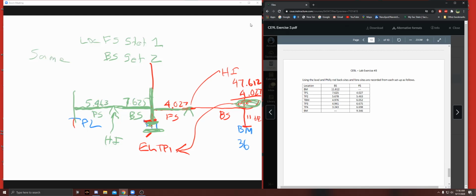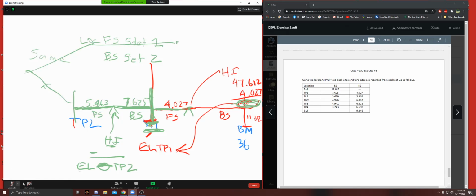Okay, you will take that measurement, subtract it from the HI to get your elevation at turning point 2. All right, that's the procedure. And you continue doing that. One more setup here, and then 3 more coming back the other way. Okay, everybody understand this part here?